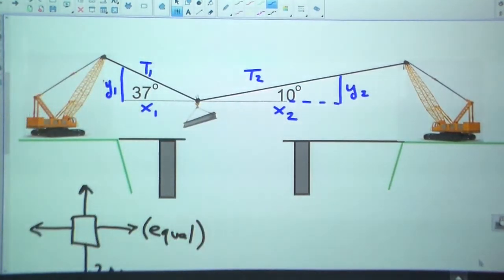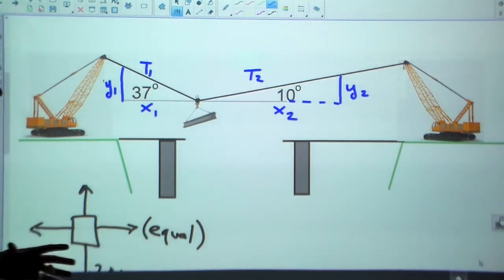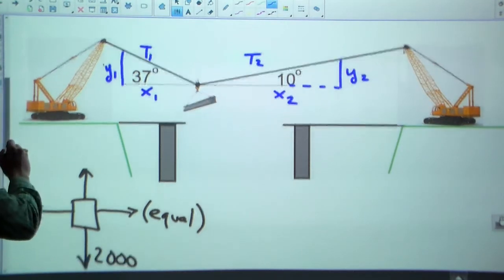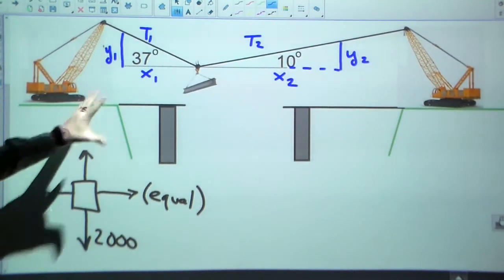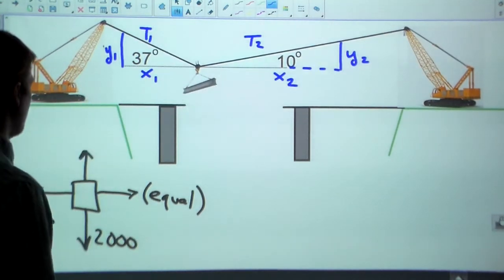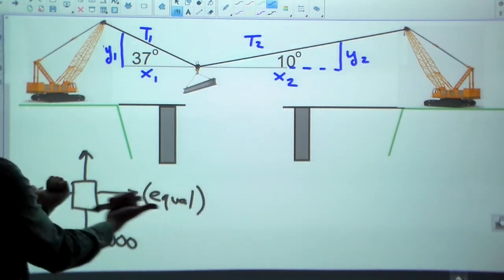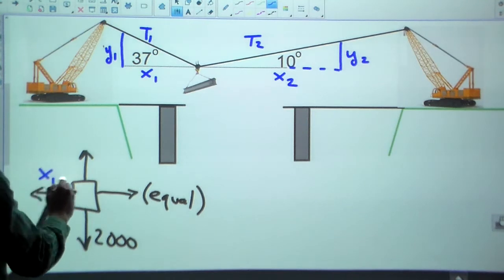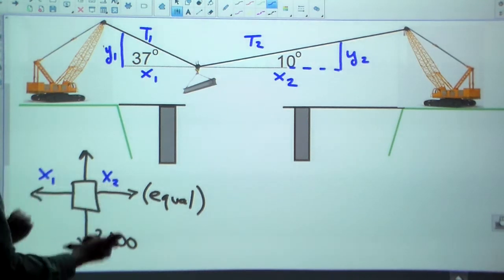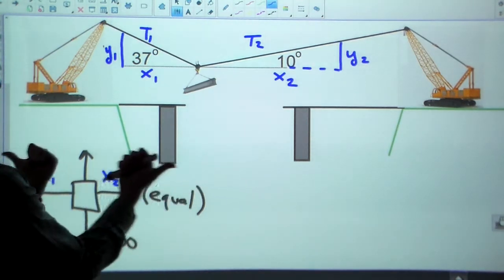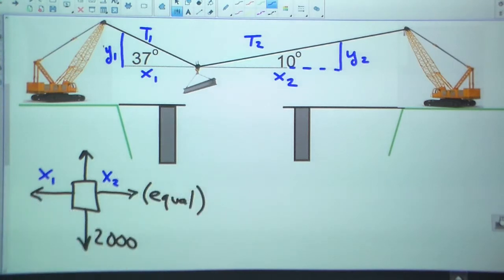Okay. So before we put any trig into this, let's do this free body diagram, fill it in, in terms of what we came up with so far. Now in the x direction, these two are equal. So x1 and x2 are pulling at the exact same amount of force, just in opposite directions.